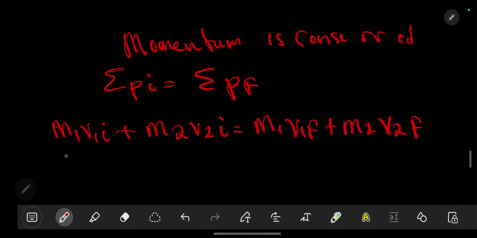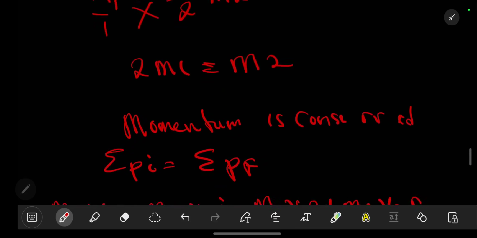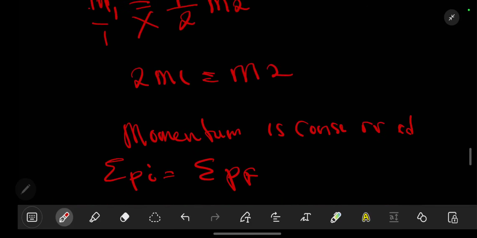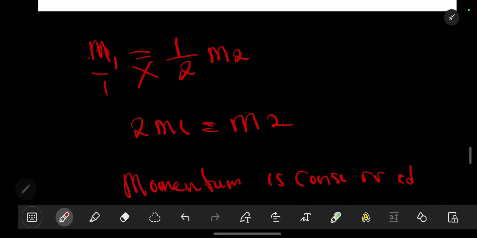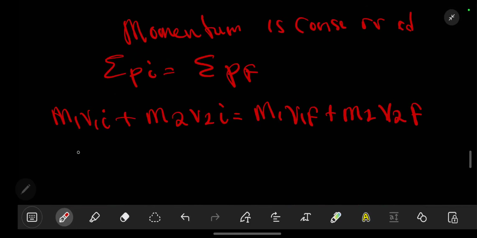So what is our m1? Our m1, we are just going to say m1, then the velocity it's moving at is negative 20.